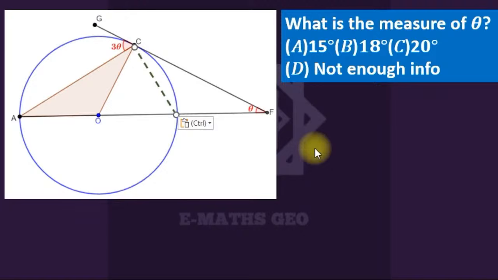So I've added an auxiliary line. Let me call this A, and let's call this B, from C to B. So we have a complete inscribed triangle now. You see that this is 3 theta, based on alternate segment theorem. This is 3 theta, this is also 3 theta, and as you can see, this is the center of the circle O. Using inscribed angle theorem, which says that the central angle is 2 times the inscribed angle, this should be 6 theta.